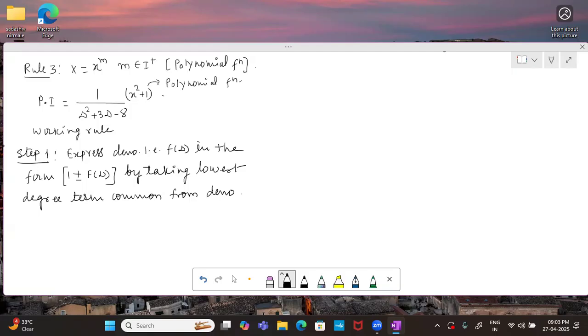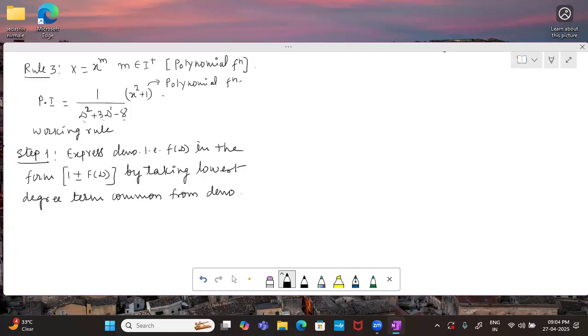So can you tell me the lowest degree term in these three terms? d square, 3d, minus 8. Lowest degree in the sense of power of d. In the first term, the power of d is 2, so it is a second degree term. Here the power of d is 1, first degree term.